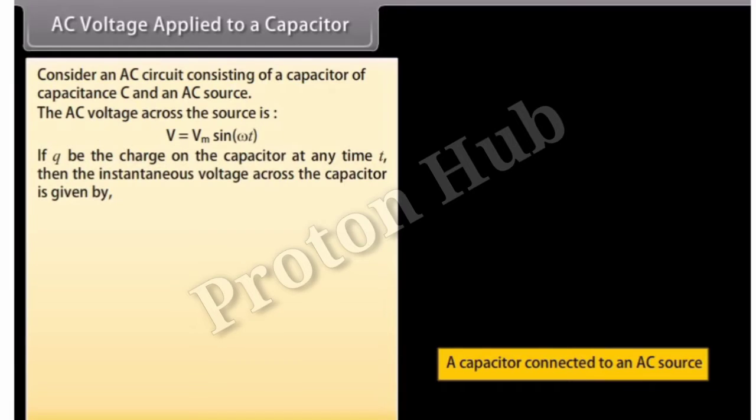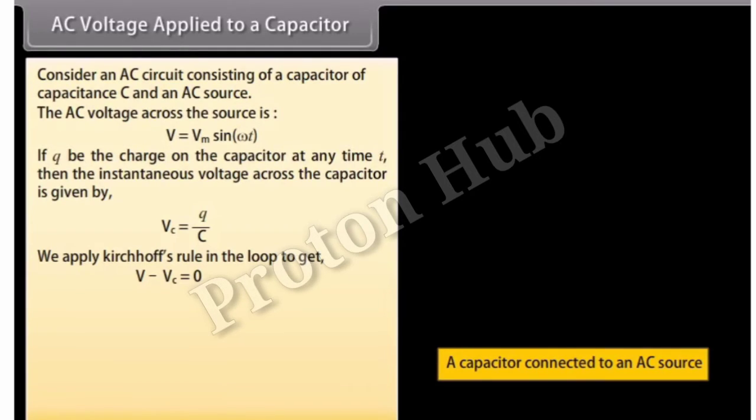If Q is the charge on the capacitor at any time t, then the instantaneous voltage across the capacitor is given by Vc equal to Q divided by C. We apply Kirchhoff's rule in the loop to get V minus Vc equal to 0.